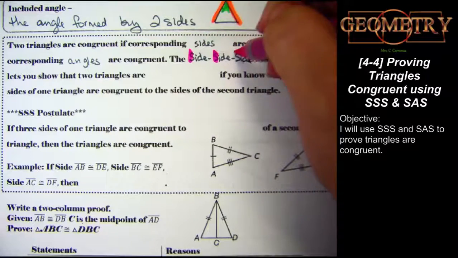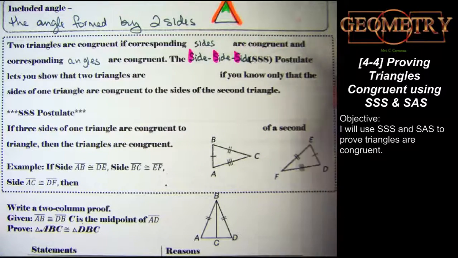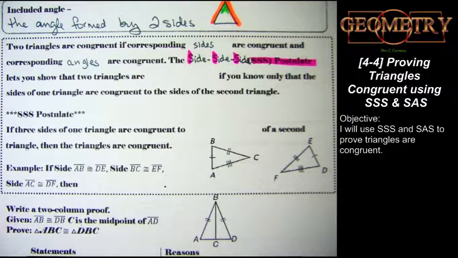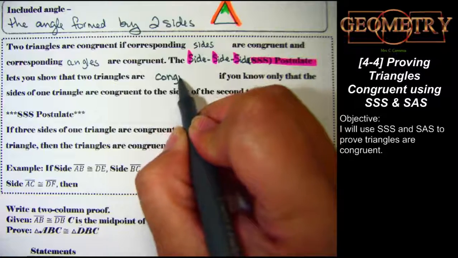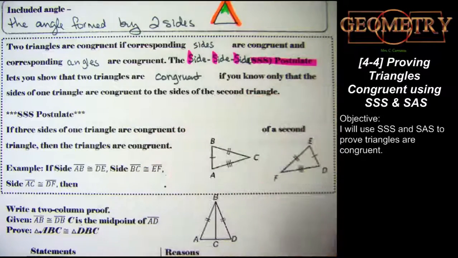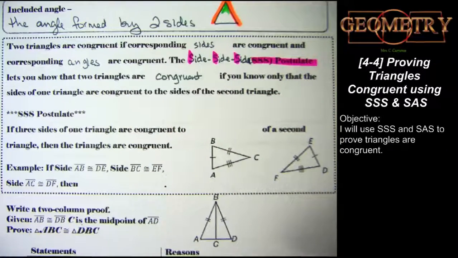To shortcut it, again, we can abbreviate now. We're going to do SSS postulate. Side, side, side. This postulate allows you to show that two triangles are congruent while only needing to show that the three sides, the three pairs of sides, are congruent between the two triangles.